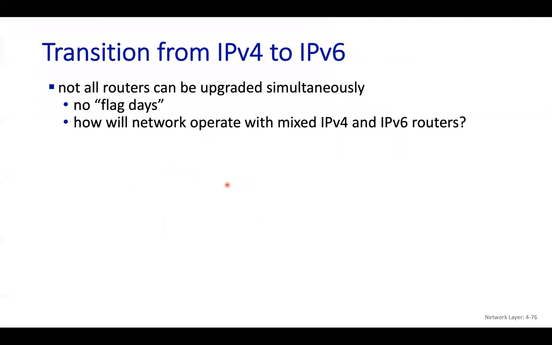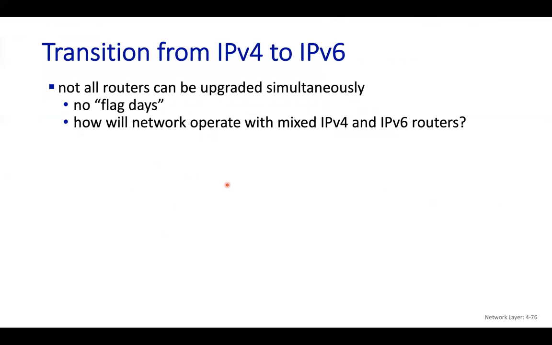Okay, then the question, as I mentioned, is how we can make the translation from IPv4 to IPv6 and make them compatible. The reason, as I mentioned, is that not all routers have been upgraded simultaneously. You cannot assume that every device has been upgraded to IPv6.